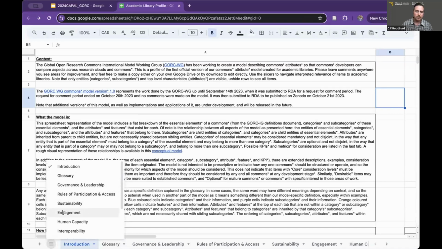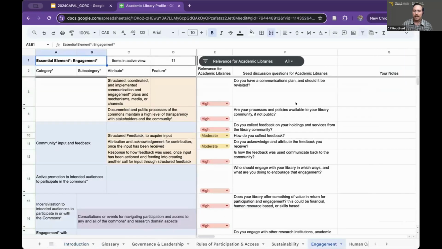If we were to pick an element such as engagement, what you see here are the items in the model, starting at the top level of entities of category and subcategory, and then attributes and features. I've tried to highlight what might be relevant for your academic library system, the questions you can use to guide discussions on whether you have it, if you need to implement it, and what that might look like for you, and then some notes. The idea is that you would make a copy of this Google Sheet or download it to edit it on your own.